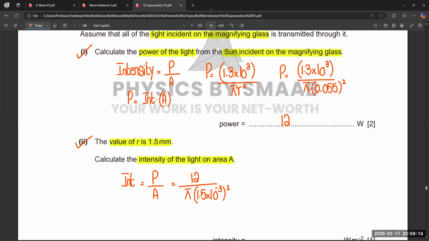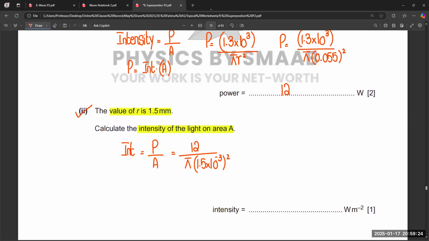From this formula, we can calculate the value of intensity, which is 10 to the power plus 6.